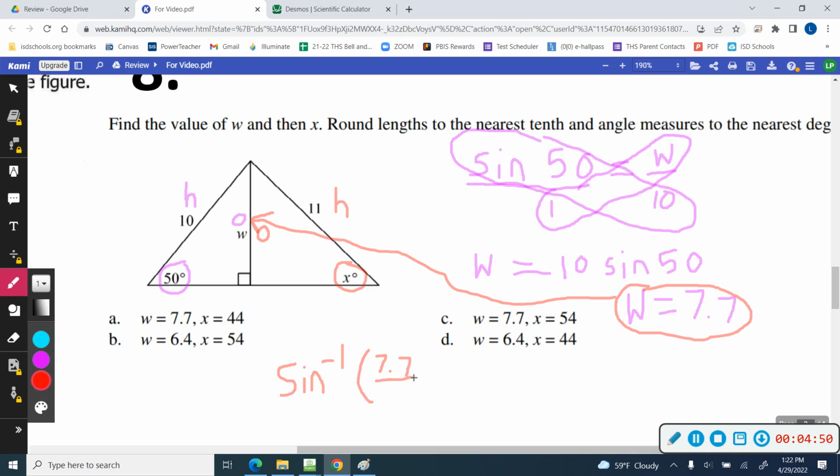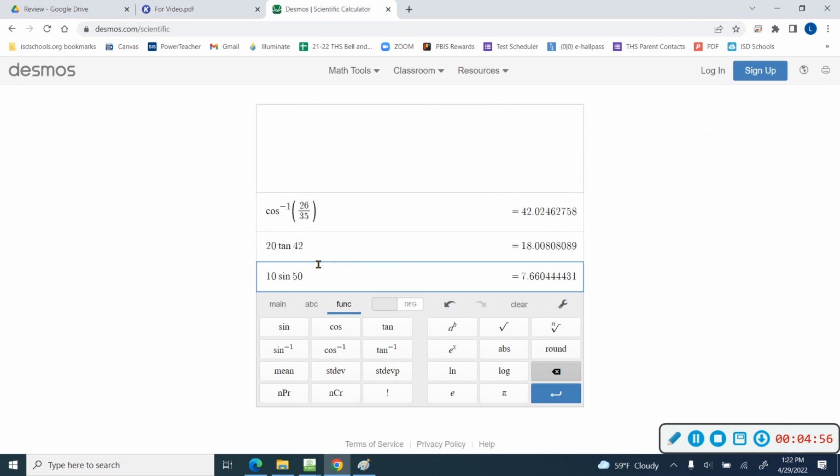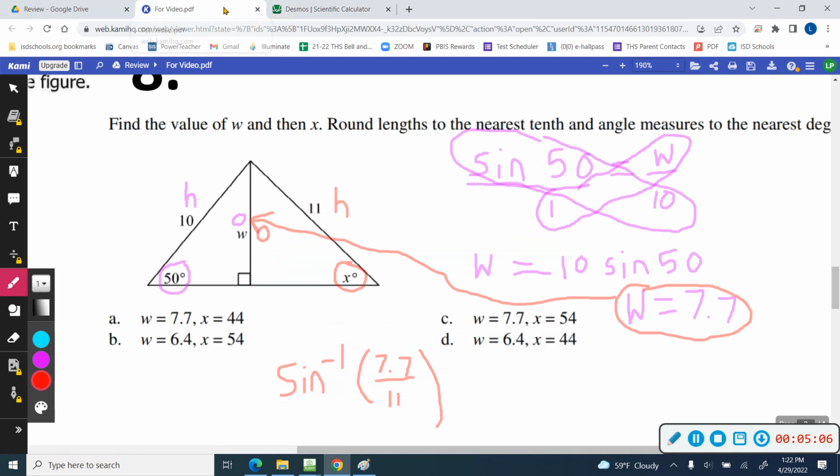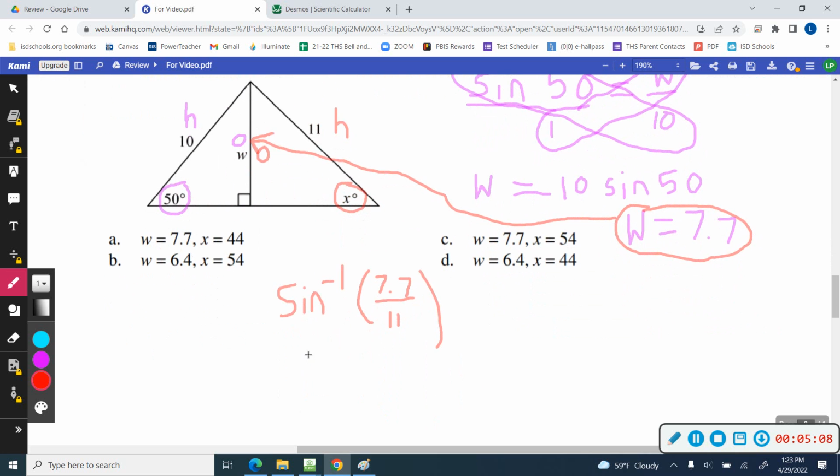Hypotenuse is 11. So if I type that in the calculator, that'll tell me the angle. Sine inverse of 7.7 over 11. And I get 44, rounded to the nearest degree would just be 44. So we know that x right here is 44. So putting those together, you would get the answer choice A.